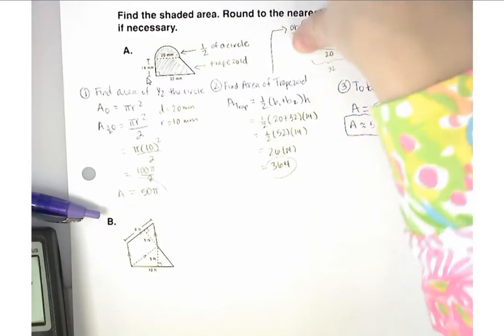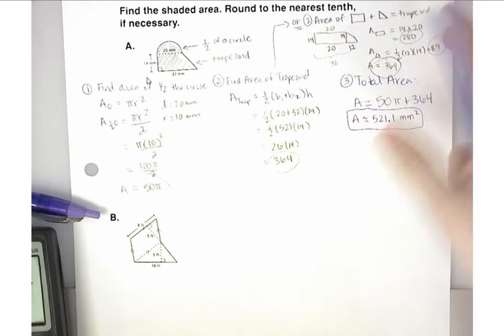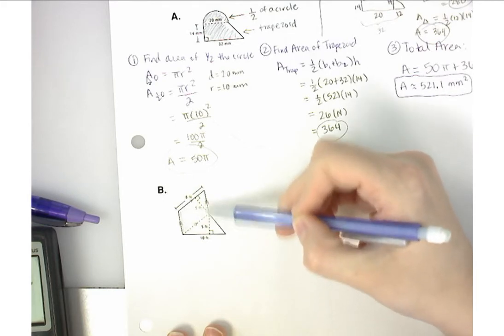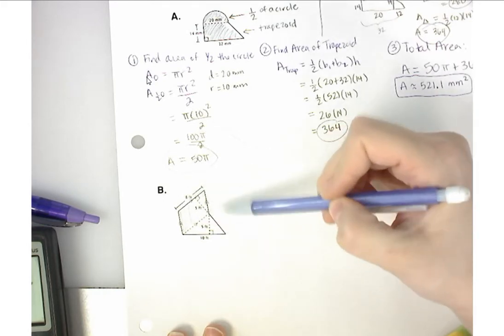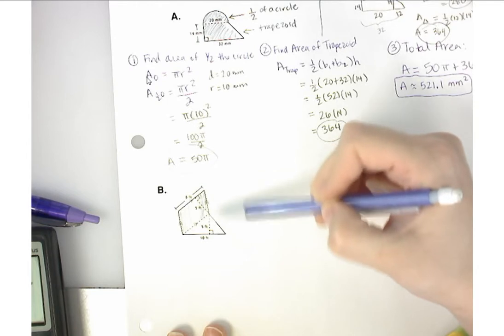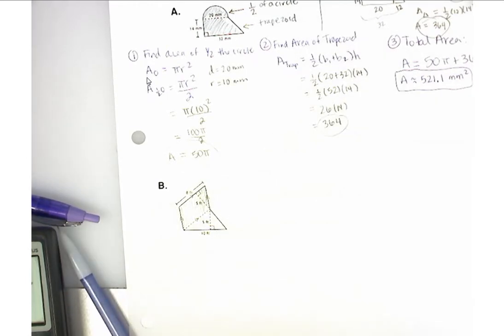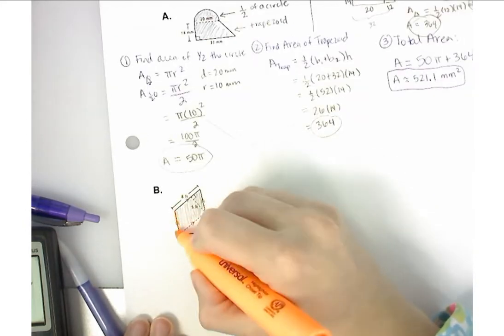All right, for B, we are going to shade in this parallelogram here. Okay, or if you guys want to outline it, sorry, I know my shading doesn't show up so well.